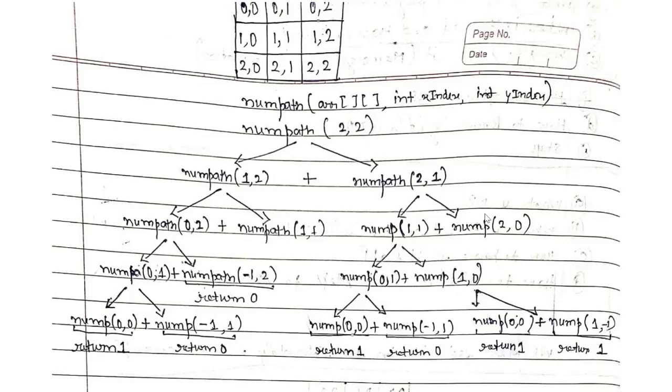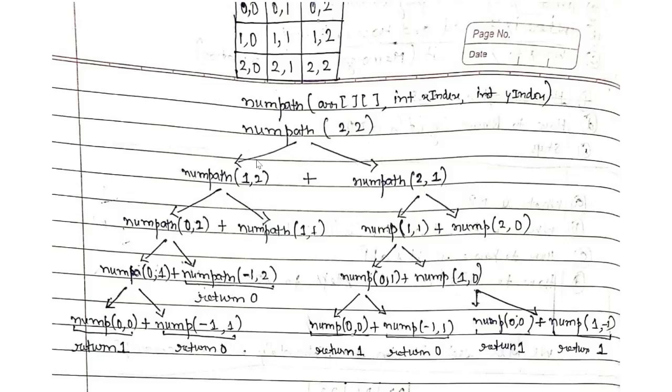Before going on to the dynamic programming approach, I need to see what we were actually branching out. What was this branch? This branch told that if I am currently sitting on 1,2, then I can go down and reach 2,2. The same way, this node said that I am currently sitting at 2,1 and if I go down, then I can reach 2,2. This subproblem specified: tell me the total number of ways to reach 2,1 from source.